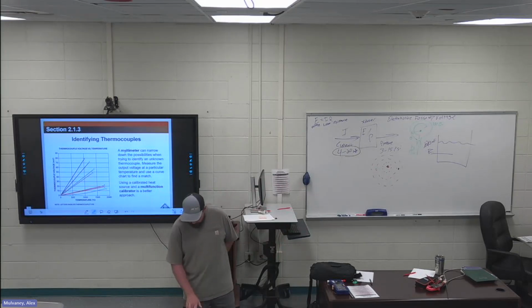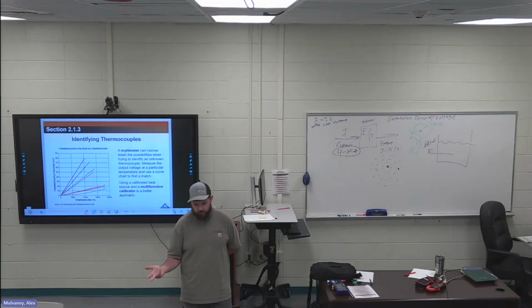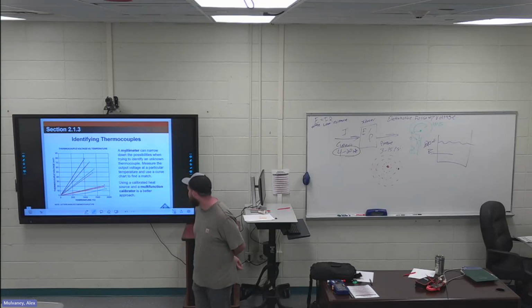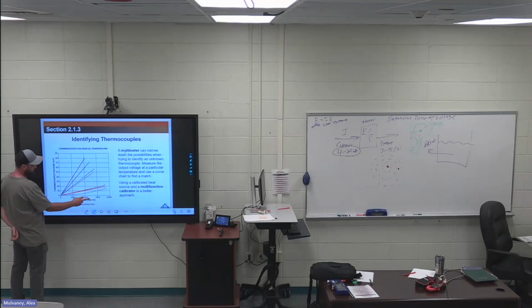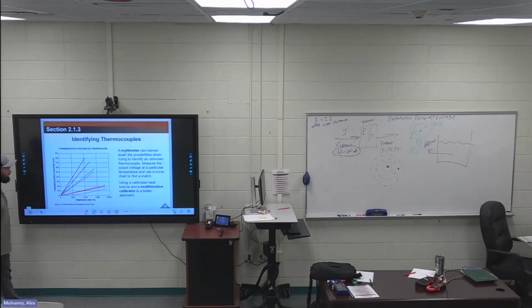So you look at the bottom, temperature ranges. I just know from experience, the three most common that I've messed with are J, K, and R. J and K are pretty similar because they have similar ranges, right? They're both pretty good from 0 to over 1,000, and the voltage increases steadily with the temperature.